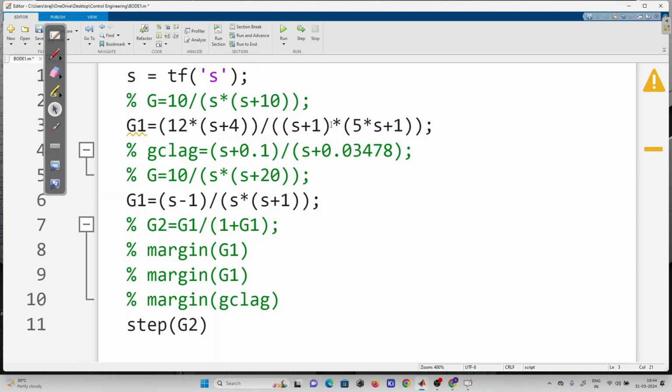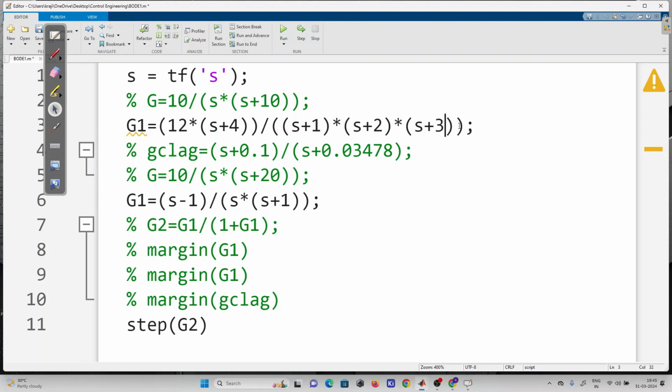Okay, I'll type s plus 1 into s plus 2 into s plus 3.